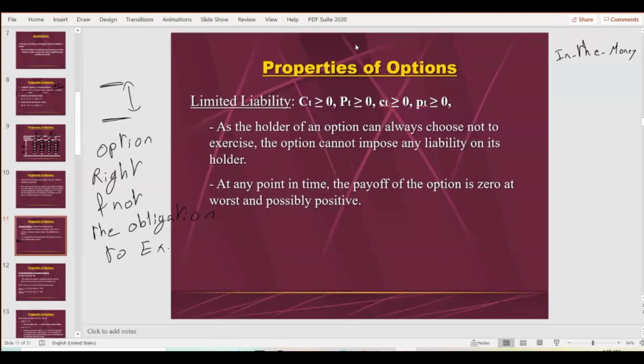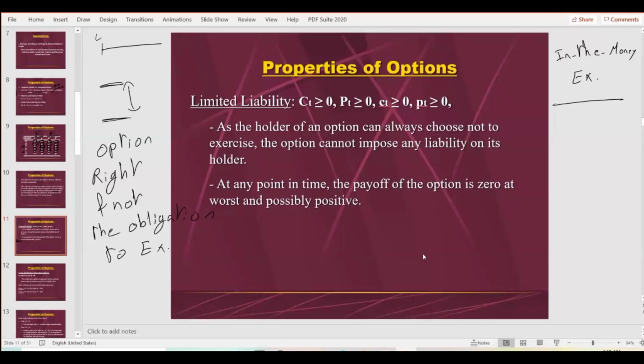Otherwise, you will choose not to exercise. So for that reason, the value of an option can never be negative, because there won't be any cash outflow in the future. So mainly, you pay here at time t equals 0.